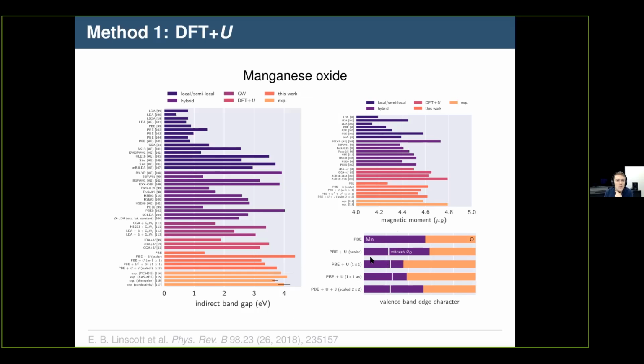And so what's happening here is that if you can imagine we've got our manganese and our oxygen orbitals, and if we apply a plus U correction to our filled manganese orbitals, so these are currently bonding with one another, these manganese orbitals are shifted downwards in energy, and so that destroys the bonds with the possibility of hybridization between the manganese and oxygen bands.